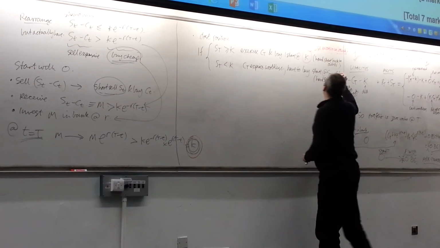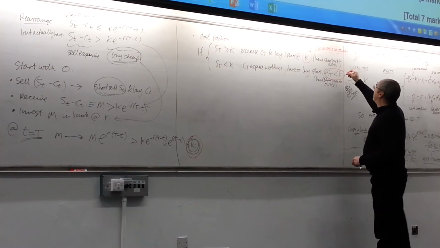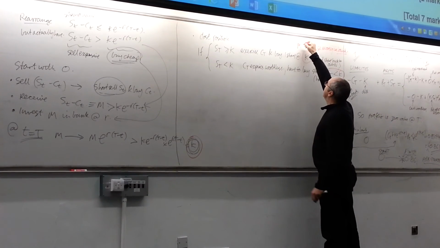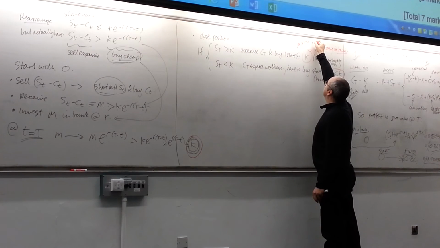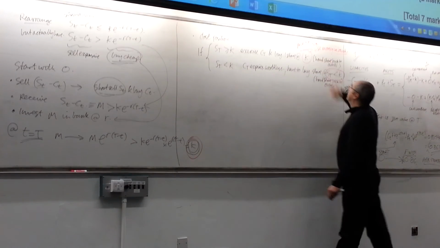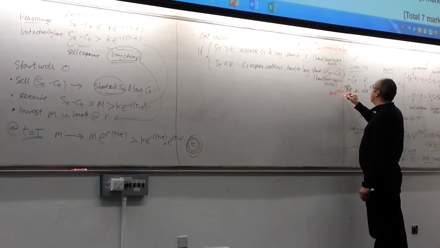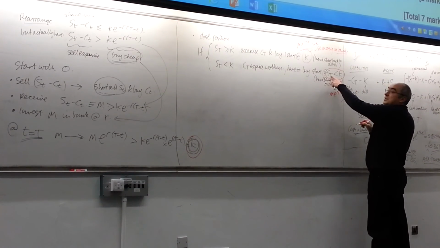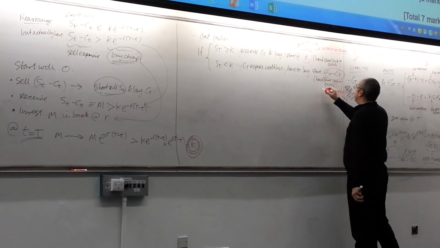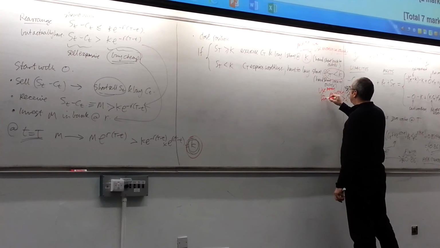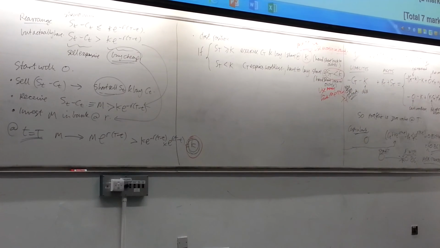And equally, I've got more than K in the bank, so the point is that M e to the R (T minus t) is greater than K, so I've still got a little bit left over there. And here M e to the R (T minus t) is still greater than K, which is greater than my S_T, so I can use the money in the bank as well. So regardless of those outcomes, I can use the money in the bank to cover my exposure. Okay?